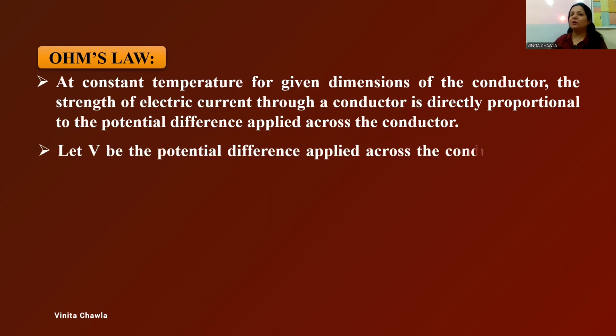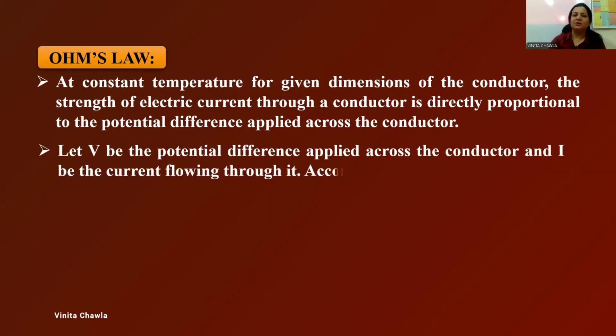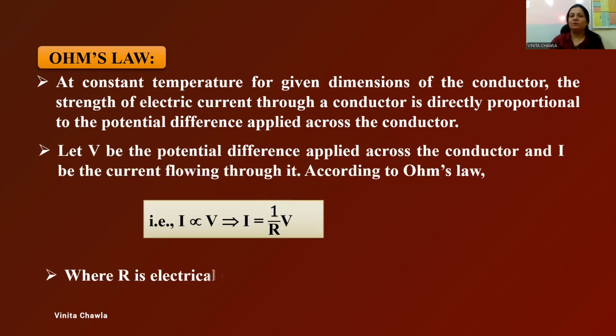So if V is the potential difference and I is the current, then we write I proportional to V. And to remove the sign of proportionality, we always add a constant. And here the constant is 1 upon R. If we are writing I proportional to V, then we write I is equal to 1 by R into V, where R is the resistance of the conductor.